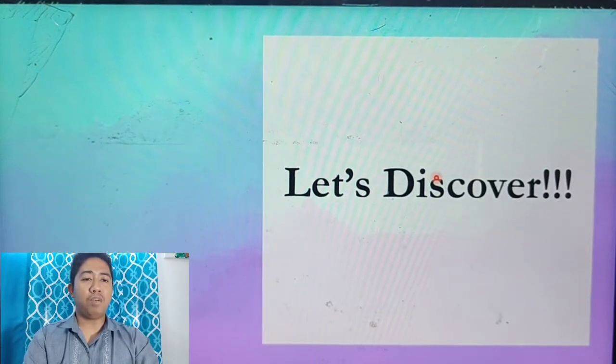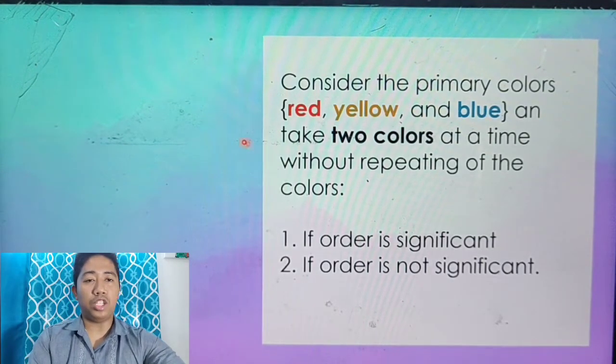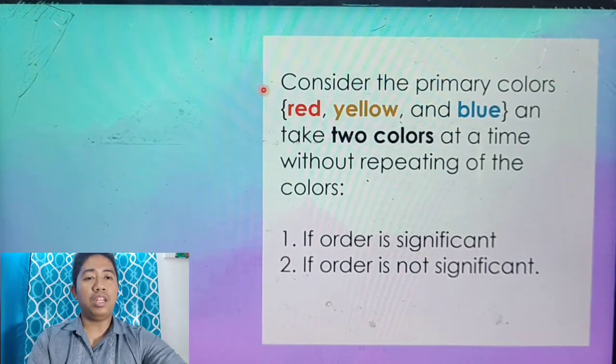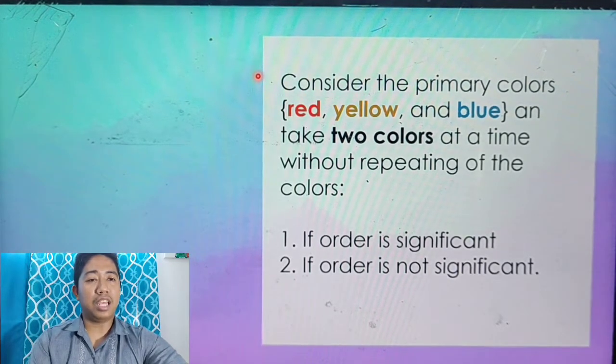Today, let us discover something before I introduce our entire topic. Consider the given situation. Suppose you intend to mix two primary colors at the same time, given the different primary colors: red, yellow, and blue.